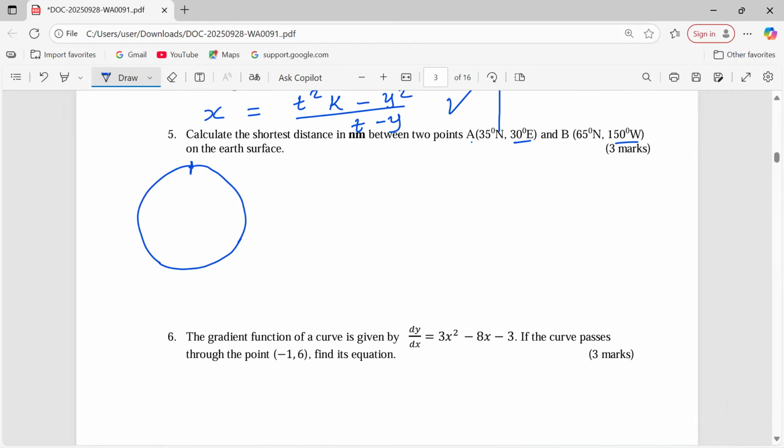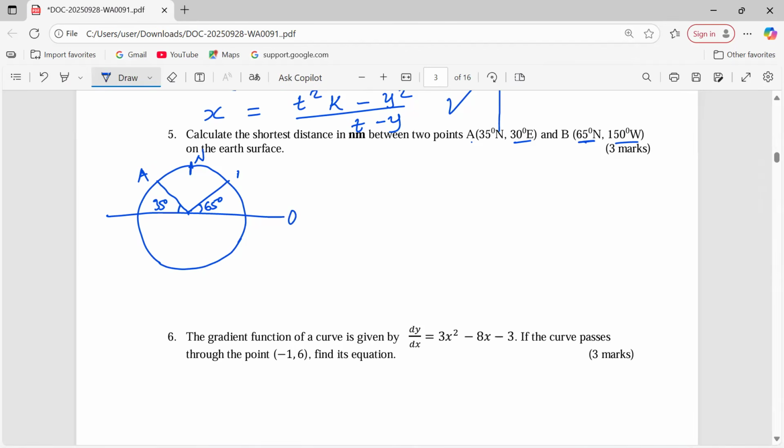We want to pass through the North Pole. So if this is the equator, 0 degrees, then we have some 35 degrees to where point A is, and some 65 degrees to where B is.